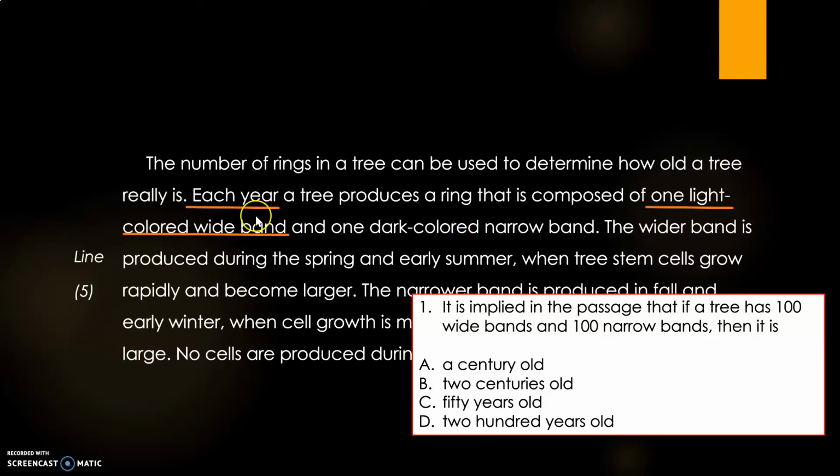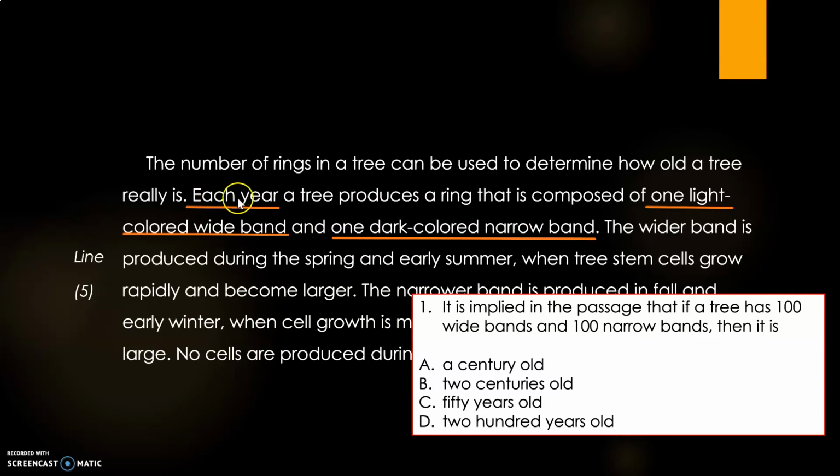There you go. So here it's about a white band and a colored band. But it's only one light colored white band and one dark colored narrow band. There's no 100. So you have to draw a conclusion from this sentence.